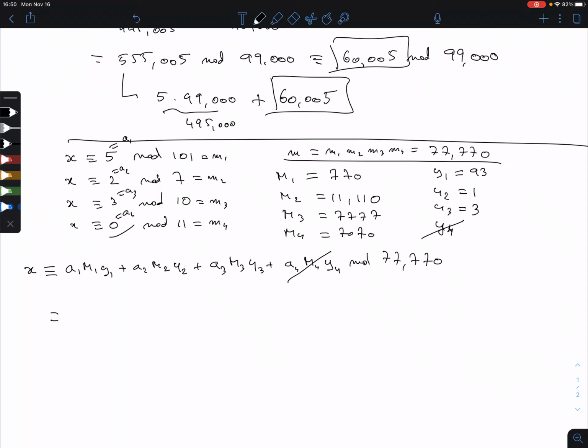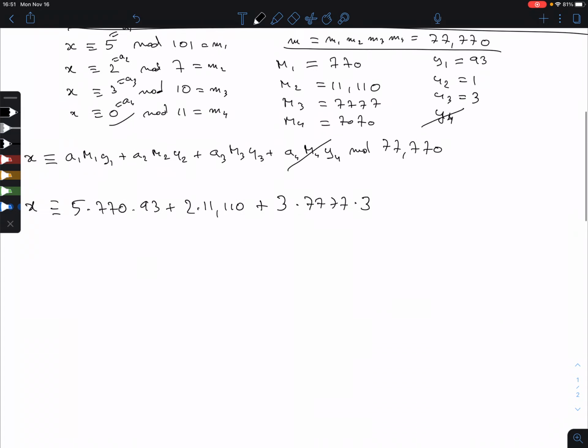So x is equivalent, modulo 77,770, to A1, which is 5, times capital M1, which is 770, times y1, which was 93, plus A2, that was 2, times capital M2, which was 11,110, times y2, that was 1, plus A3, which is 3, times capital M3, that's the 7777 guy, times y3, which was 3 again. Okay, and that is the number I have to calculate.